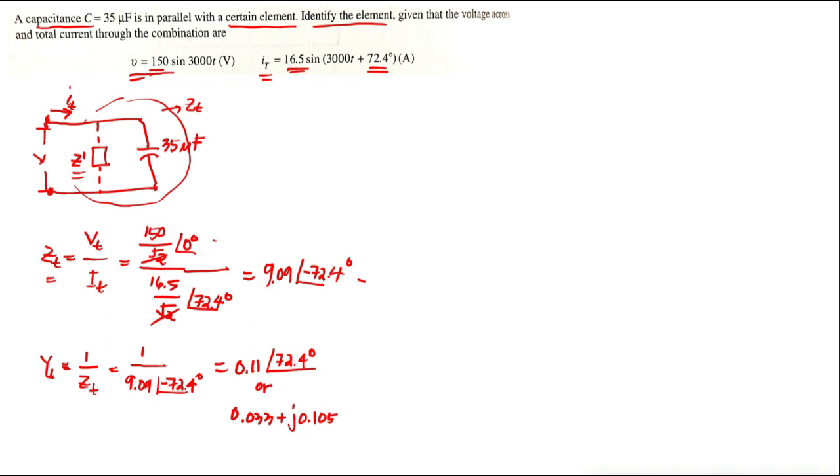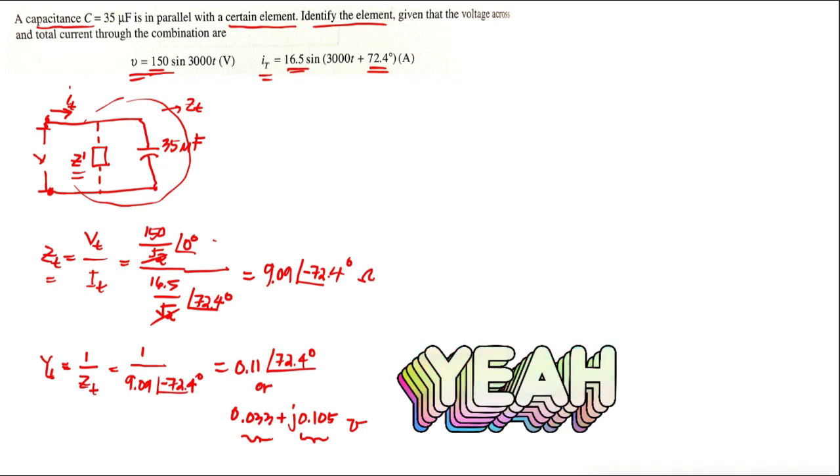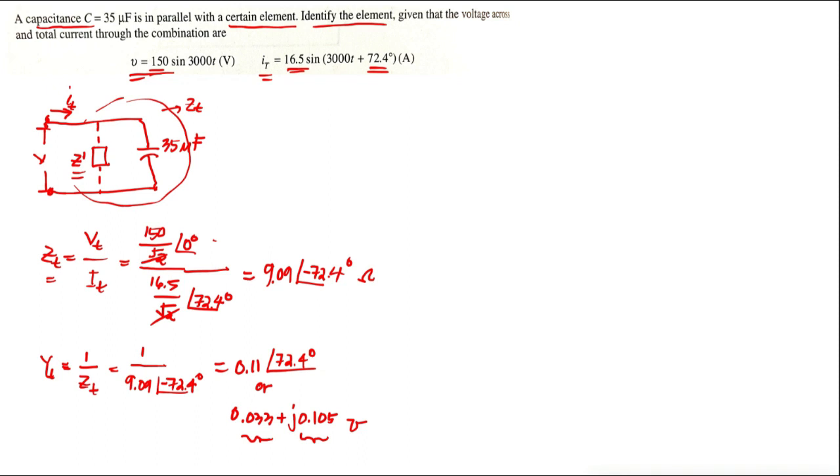This is in ohms, and this is now in mho or Siemens. You'll notice that this 0.033 is actually the inverse of your resistance. This is now your conductance, and this one is the inverse of your reactance, which is your susceptance. Now let us solve for Z prime.